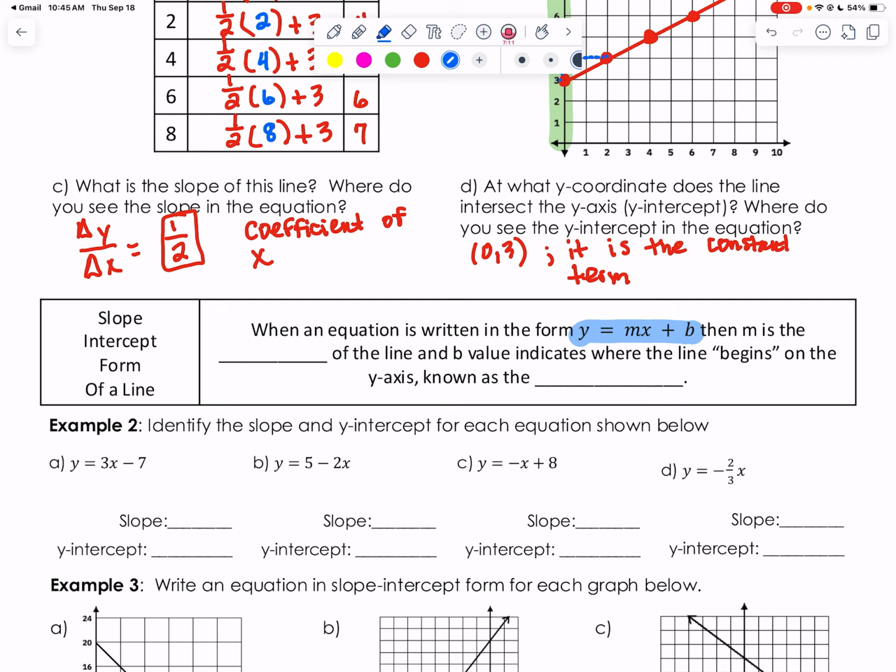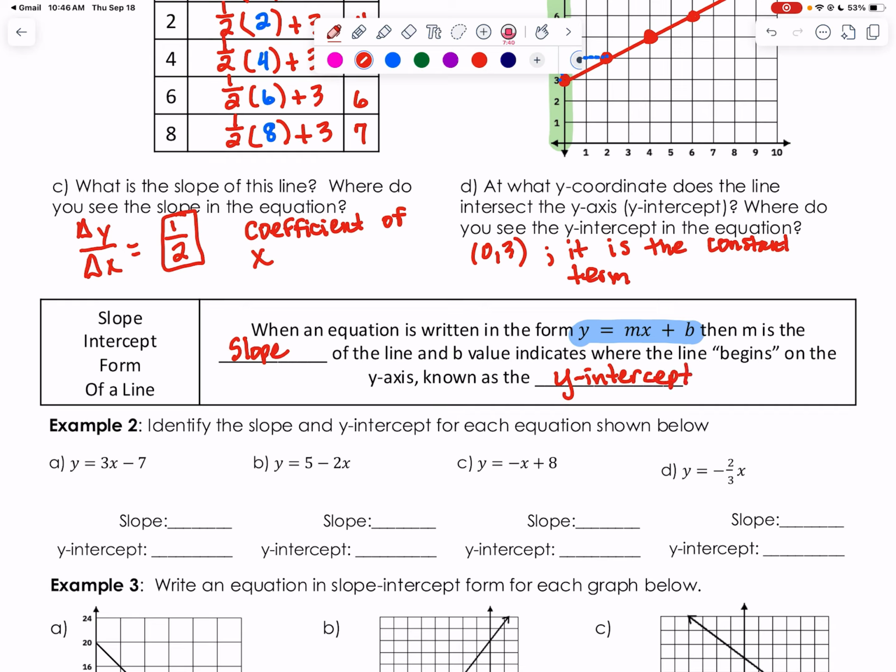So in this form, m is attached to the x. That means m is the slope of the line. Now, don't get me started on why they chose m to represent the slope. I'm really not sure. Okay? The b value is the value without a variable, and it's known as the y-intercept.